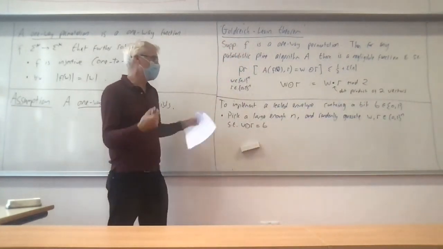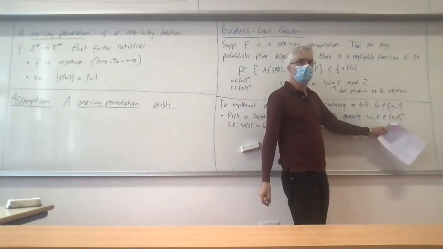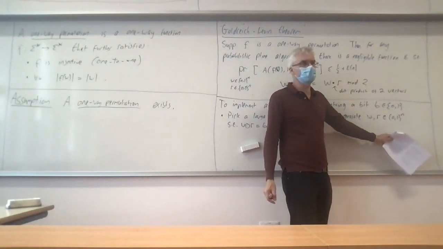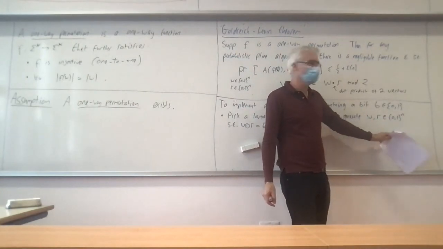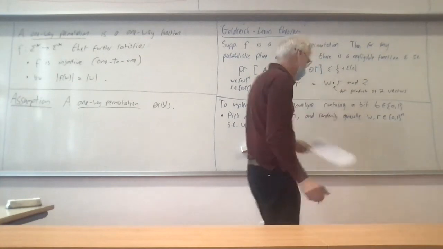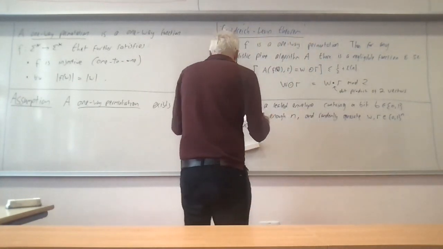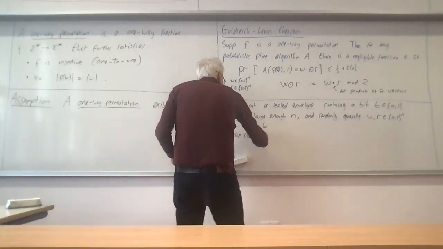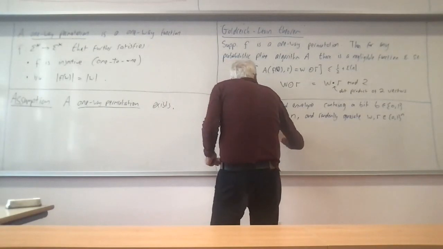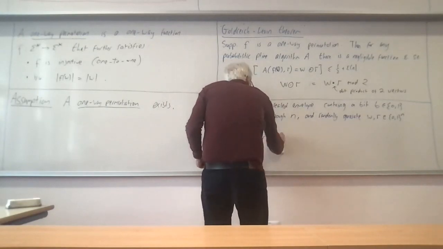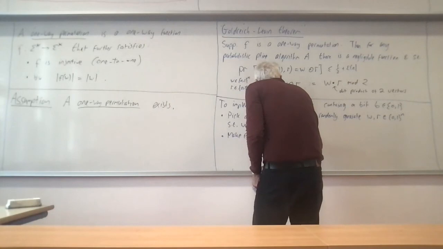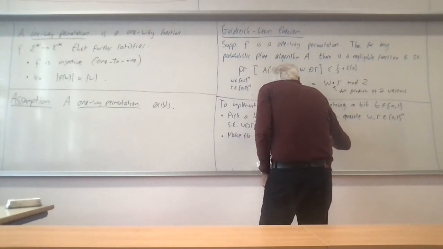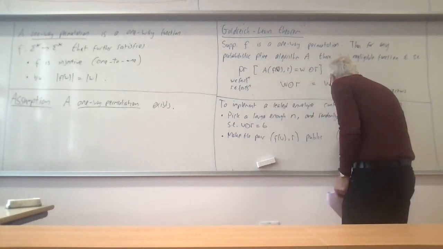It's easy to randomly generate strings, and with probability half we're going to get the right bit, so it's not going to take us very long to generate a pair that hides the bit. Then we make the pair f of w and r public. This is the sealed envelope.